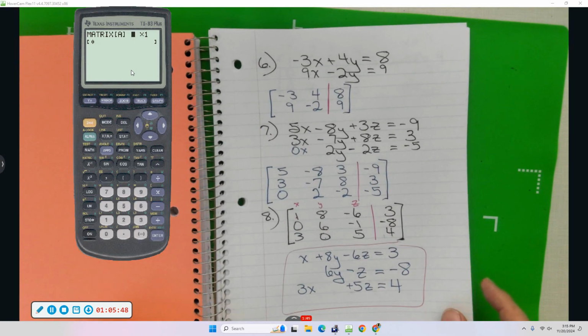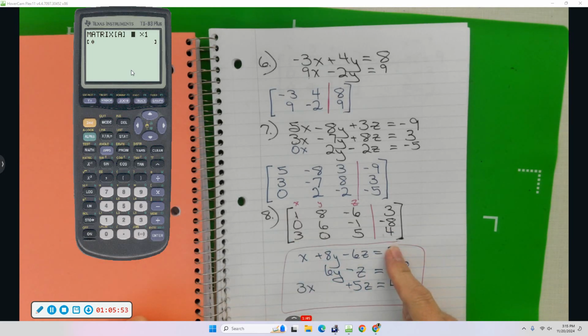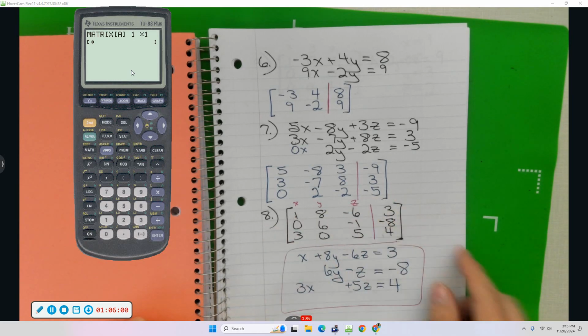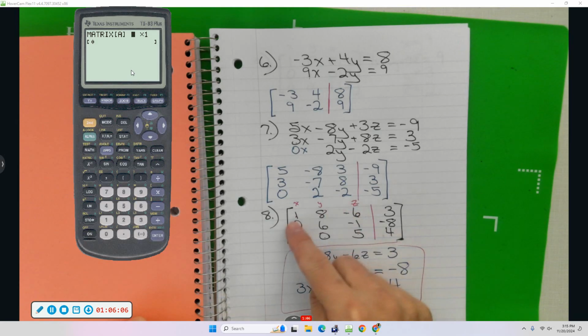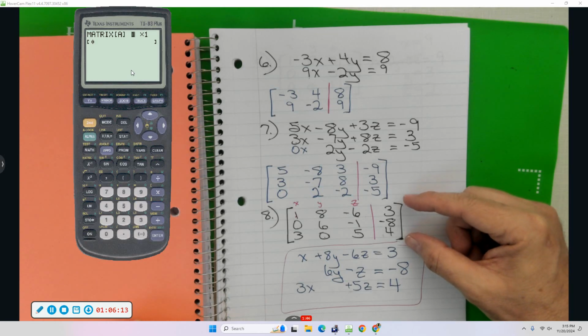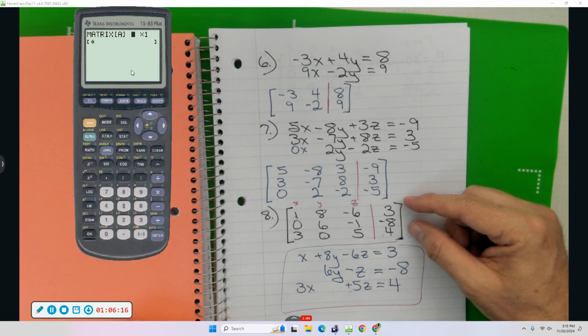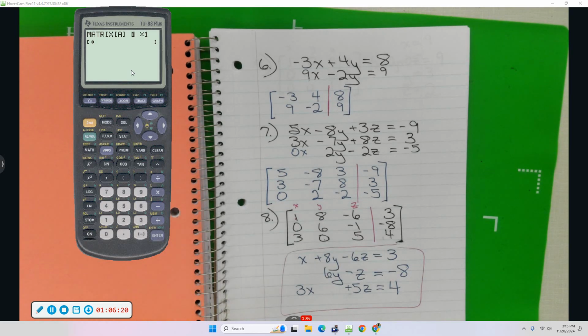I'm not going to go through and reduce a matrix, but we could use this. It'd be easy enough to say, this is a 3x4 matrix, and then go through putting in the numbers, 1, 8, negative 6, 3, and then the calculator will reduce it for you, giving you the ones down the diagonal, the zeros elsewhere, and the numbers on the right hand side would be the solutions for X, Y, and Z. Of course, if you can't get ones down the diagonal and zeros elsewhere, that means there's not a unique solution.